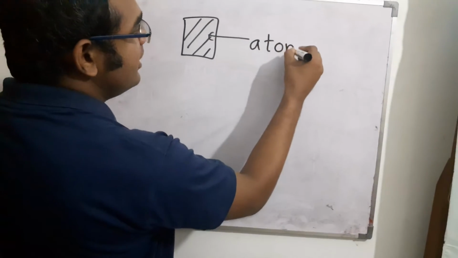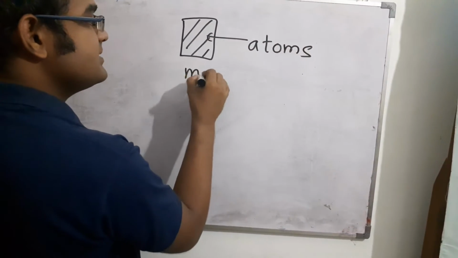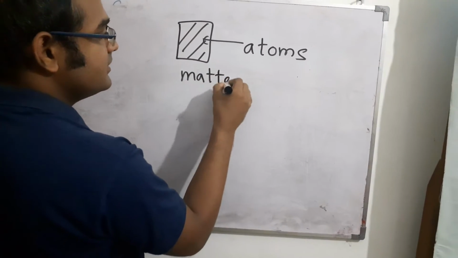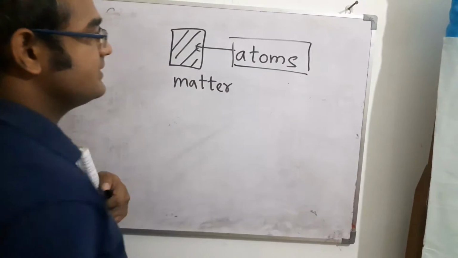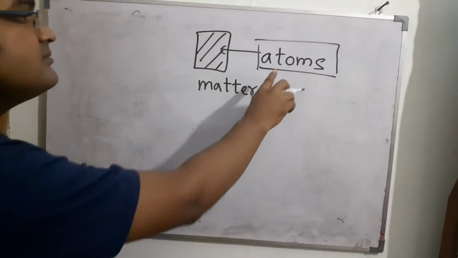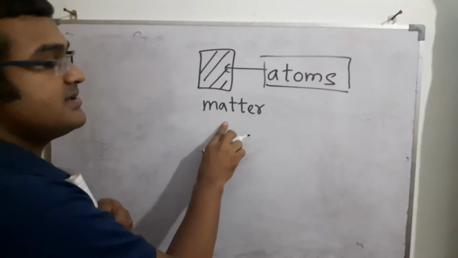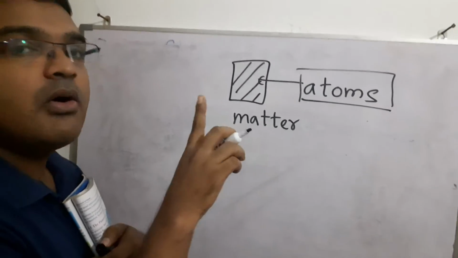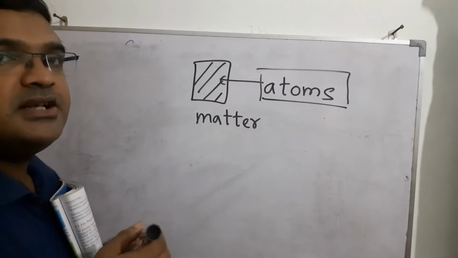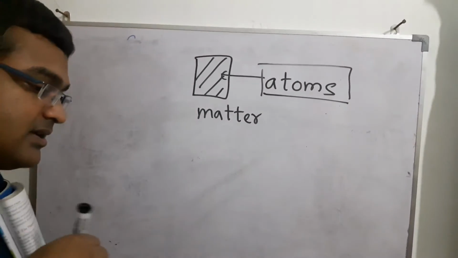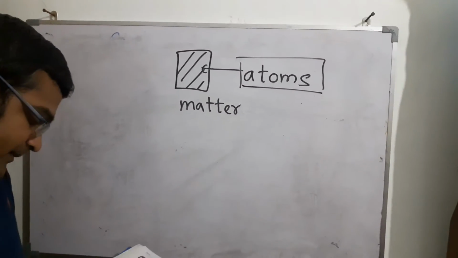So the building blocks of any matter, the building units, are known as atoms. Atoms are the building units of any matter, whether it is a solid or a liquid or a gas. Atoms are the basic units.